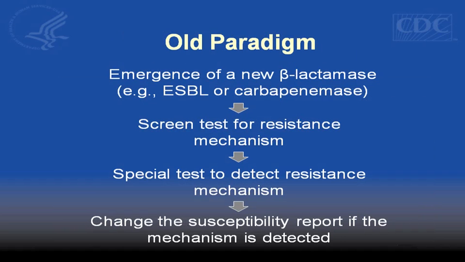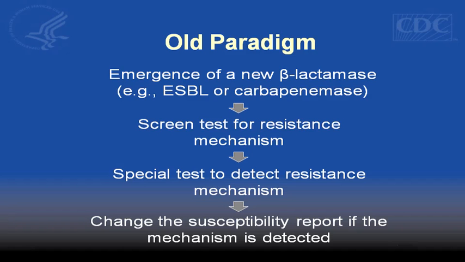So this is that old paradigm that I was talking about. This is what we were doing. The practice in CLSI, and what we were telling laboratories to implement, was this: when there was a new resistance mechanism, and the best examples are when ESBL producers emerged or carbapenemase producers emerged, the solution was not to change the breakpoints for those drugs, but instead to identify a screening test so you could identify that mechanism of resistance.